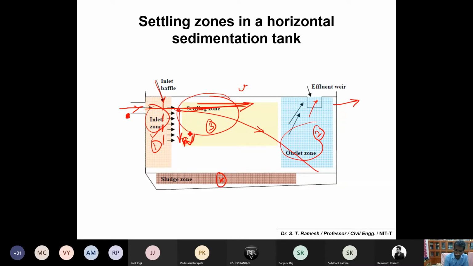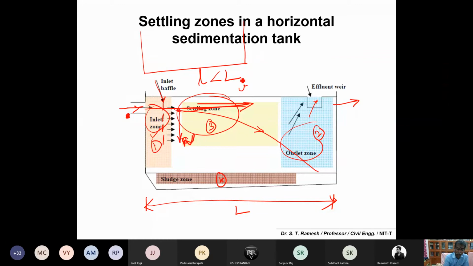So imagine our situation. I may require a length of L like this. And if I design a tank with a lesser distance, less than the required L, or a tank which is bigger in length, greater than L, all of them have a difficulty.